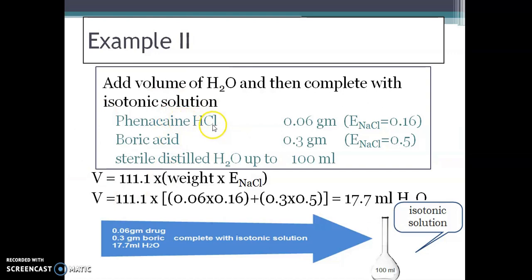Phenacaine hydrochloride, that is 0.06 gram, and boric acid 0.3 gram. The equivalent factors of these two drugs are given here. Now put these equivalent factors into the formula and calculate the volume of water to make it isotonic.